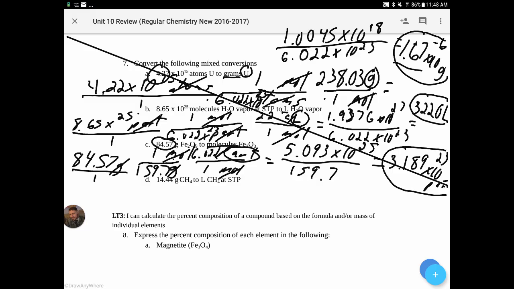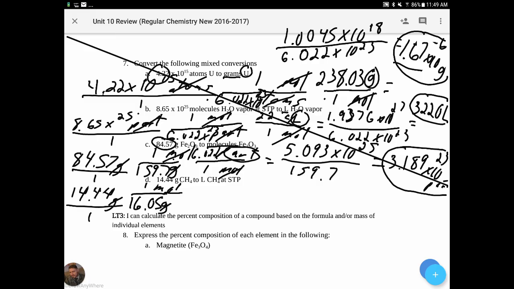Now, last one. We have 14.44 grams over 1. Do our first conversion factor. We have grams on bottom, moles on top, 1 next to moles, and the molar mass of CH4 is 16.05.